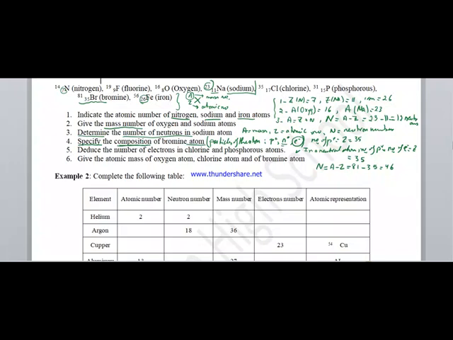Part 5: deduce the number of electrons in the chlorine and phosphorus atoms. The chlorine is Cl, and phosphorus is P15.